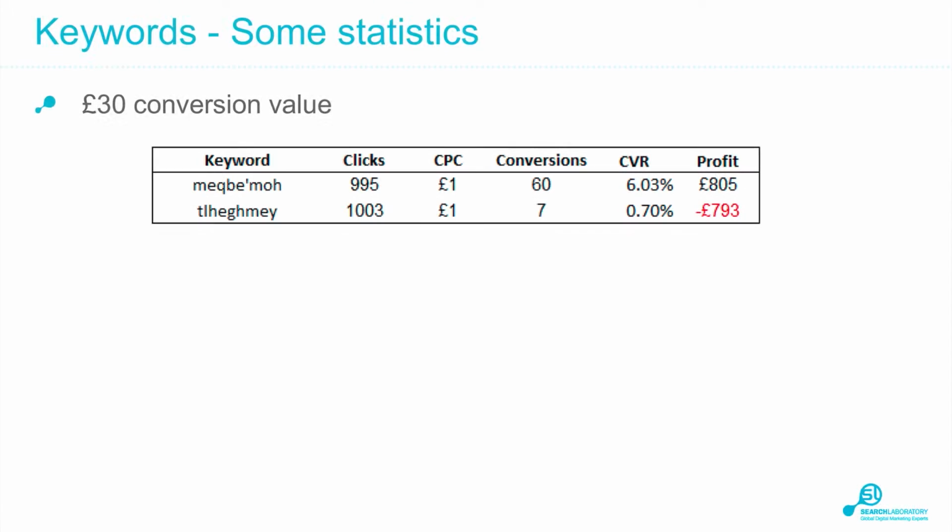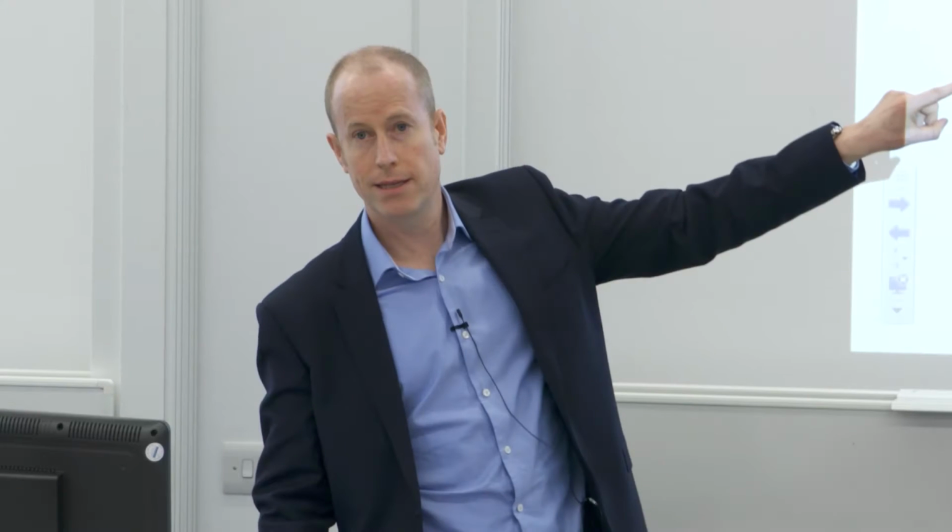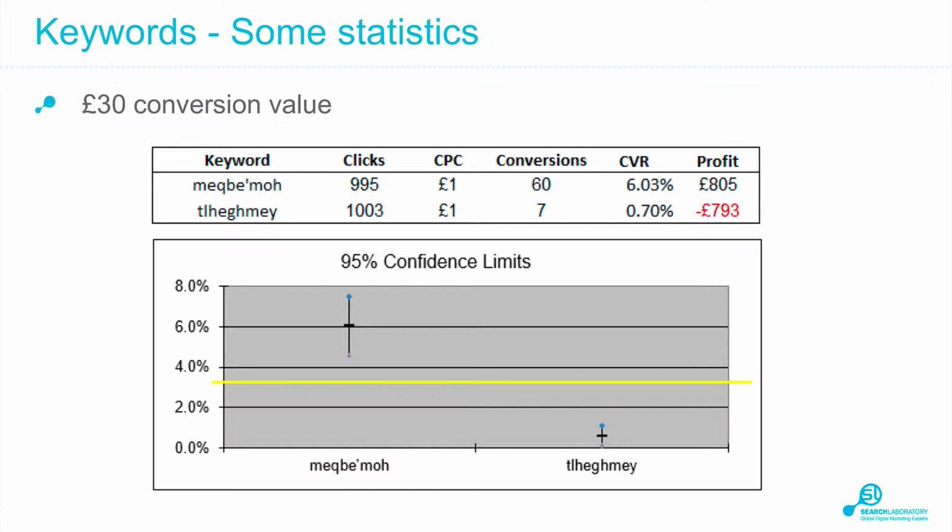A PPC company, a search marketing company, or a company that you might work for, has got to make a decision on those keywords. What do they do? What we would do as a search company, we'd look at those and say, well, statistically, is that top keyword any better than that bottom keyword? If we ran those keywords for 100 years, would that bottom keyword be likely to recover to be a profitable keyword ever? So if I do the stats on that, I've put 95% confidence limits around that.